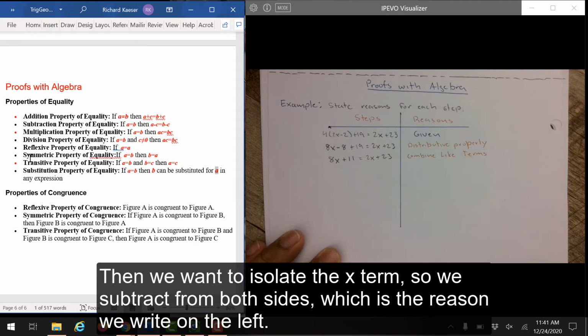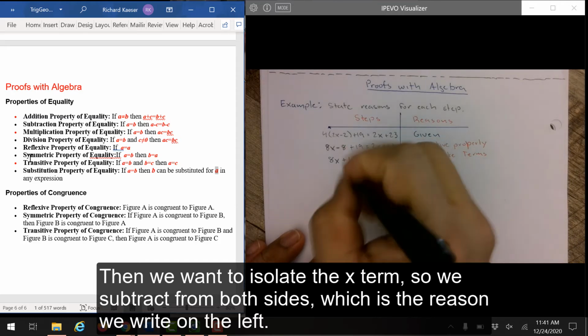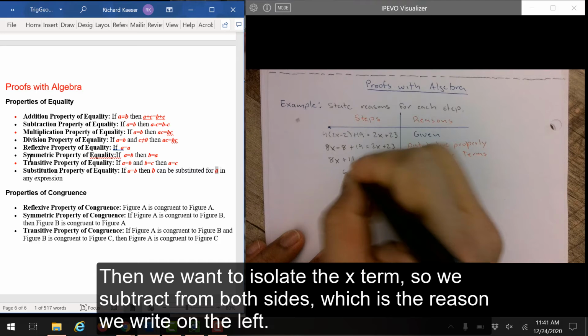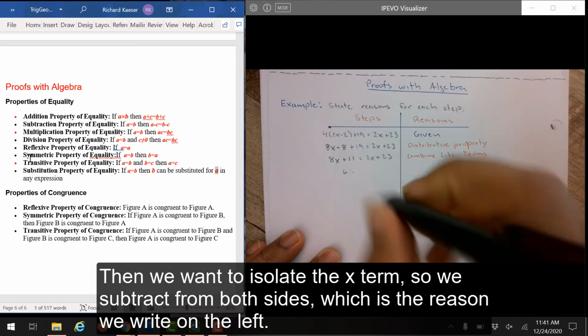Then we want to isolate the x term, so we subtract from both sides, which is the reason we write on the left.